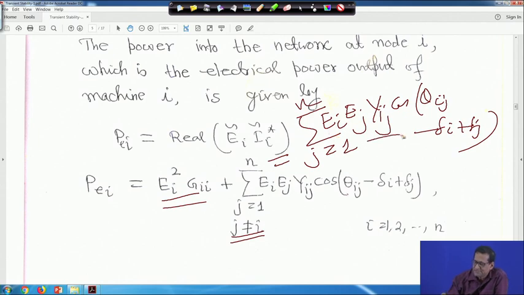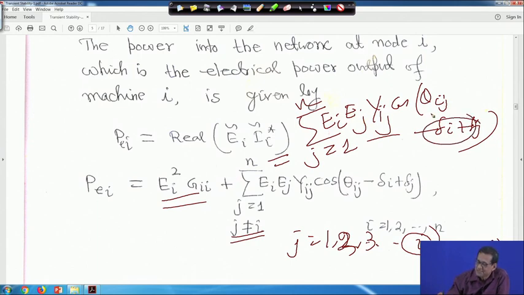Now from this expression, when you take the ith term out, when j is equal to 1, 2, 3, this way, i will come, then it will come to n, right. So when the ith term is out of this sigma, when j is equal to i, it will be Ei into Ei square, it is Yii, and this i equal to j term, the angle will vanish, it will be Yii cos theta ii.